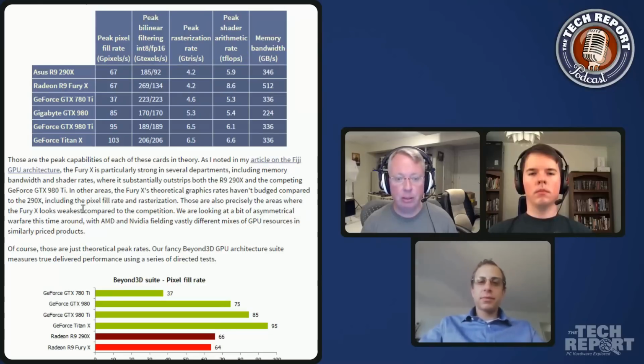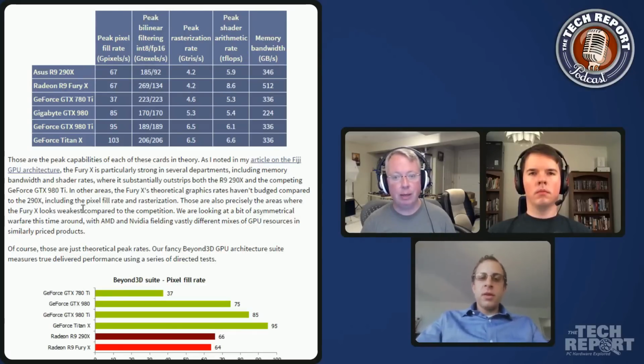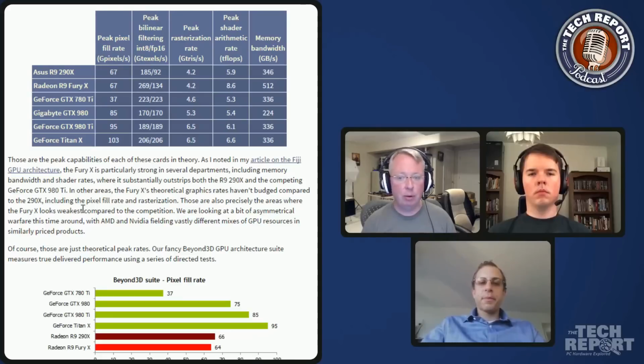The peak rate on the GeForce GTX 980 Ti, 6.1 teraflops. Peak rate on this, 8.6. Similarly, the memory bandwidth, which we talked about with HBM, 512 gigabytes per second for this. The 980 Ti is 336 gigabytes per second.